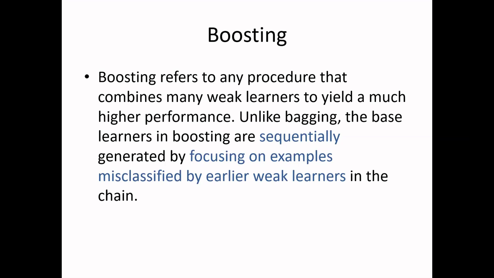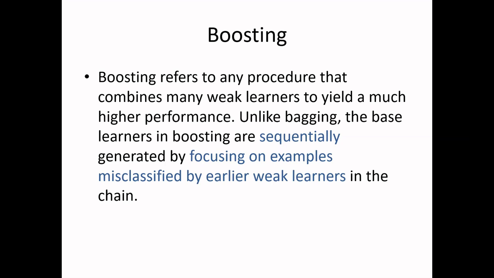The basic idea is very simple. You build your first classifier, your first weak learner. Obviously, this weak learner will correctly classify some examples, and it's going to make mistakes on many other examples. All right.